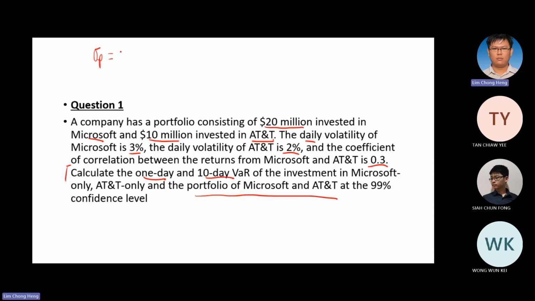Portfolio standard deviation is the square root of W1 squared sigma 1 squared plus W2 squared sigma 2 squared plus 2 W1 W2 sigma 1 sigma 2 rho.